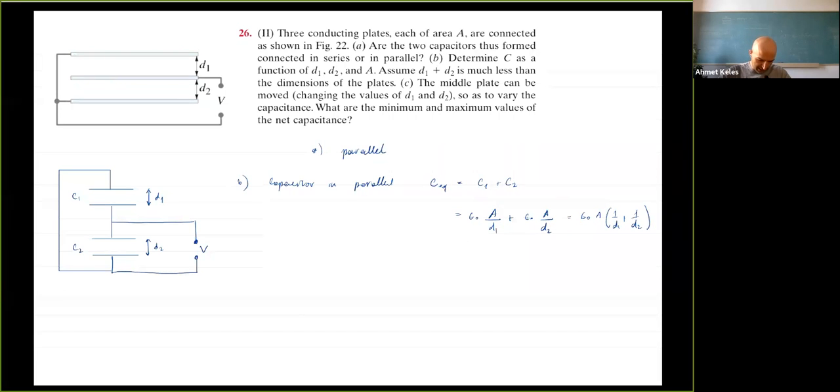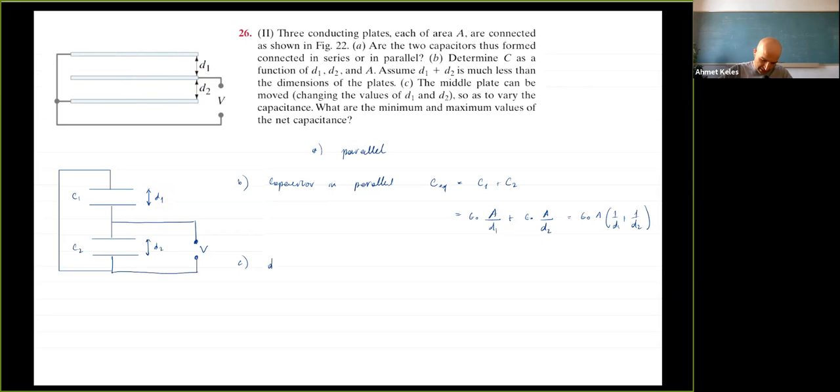And now the last one, C. It says D1, okay, this guy can be moved freely, but I think what they mean is that D1 plus D2 is fixed, right? You can move this up or down, but the sum of D1 and D2 will be fixed. So let's put this in.